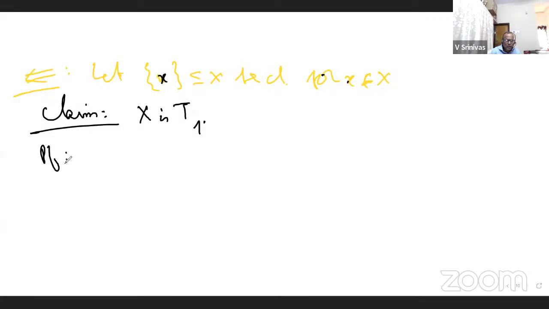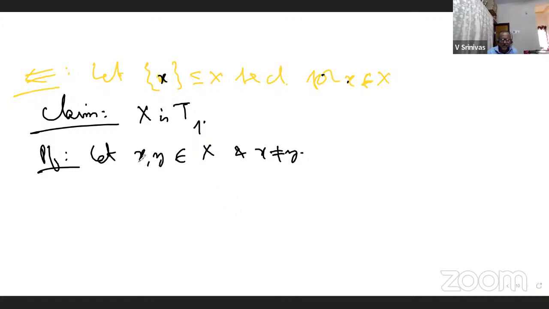So how can we prove that the space is T1? You go for two points. Let small x, small y belong to capital X and let them be distinct. We had obtained G and H such that x belongs to G minus H and y belongs to H minus G. Now, we are assuming that for every small x in capital X, singleton x is closed.